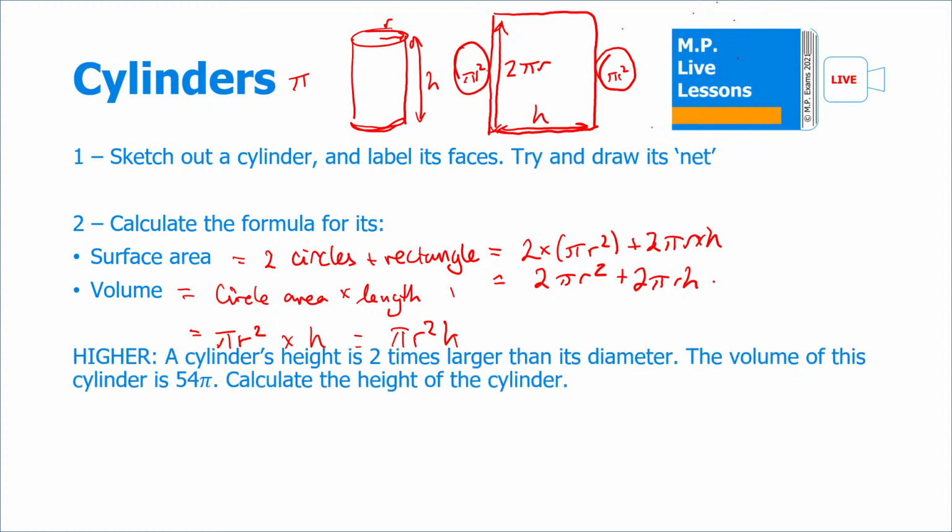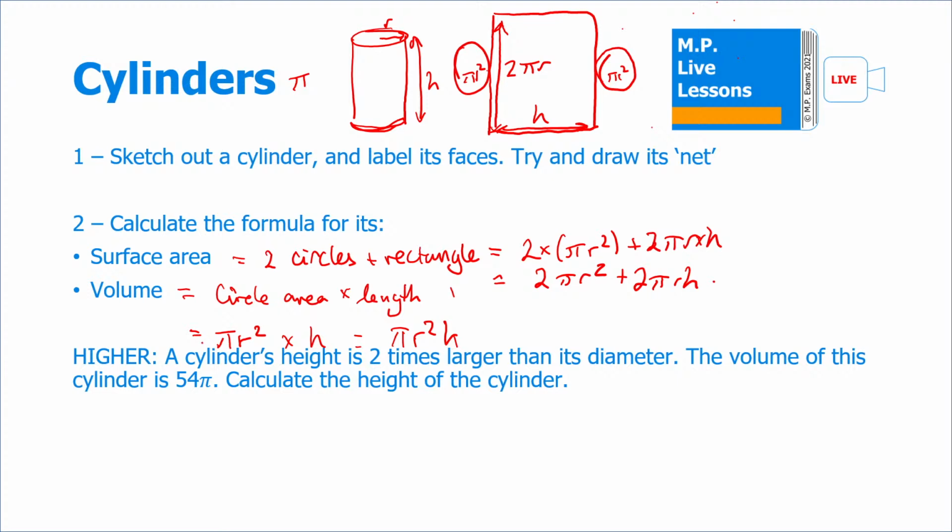Now, an example, let's say for higher tier, a cylinder's height is 2 times larger than its diameter. The volume of this cylinder is 54 pi. Calculate the height of the cylinder. So we're not given any units, so we don't need to worry much about them.